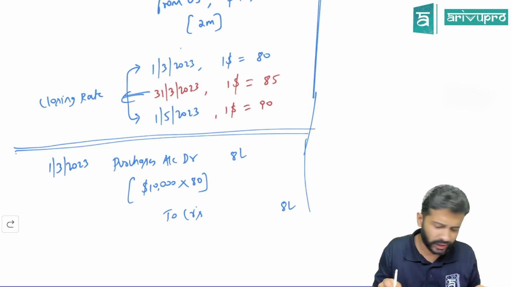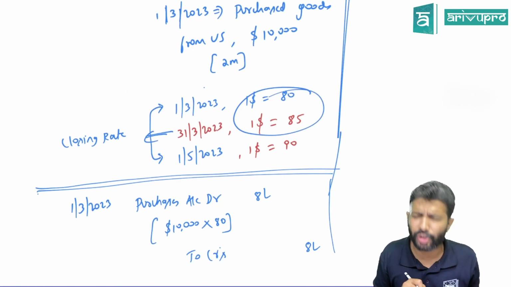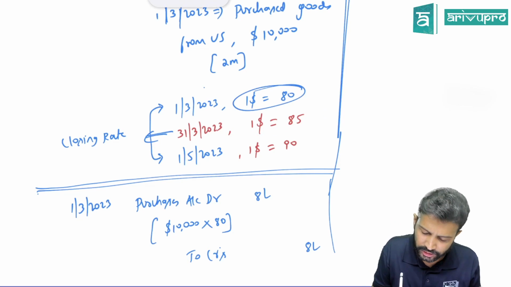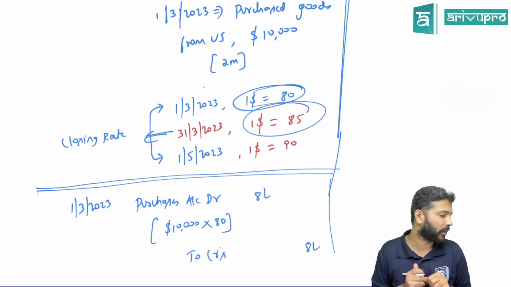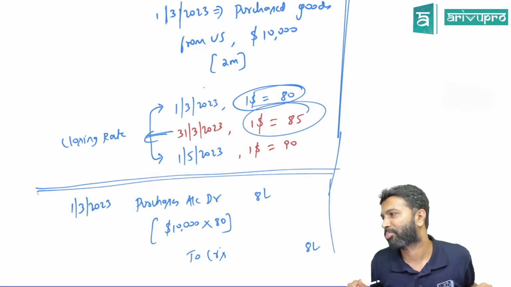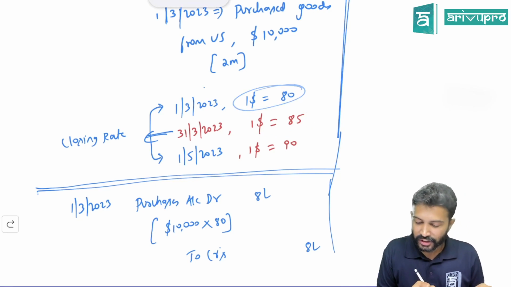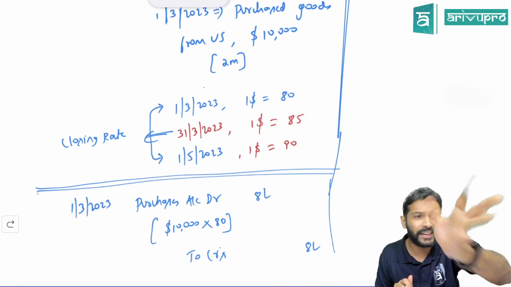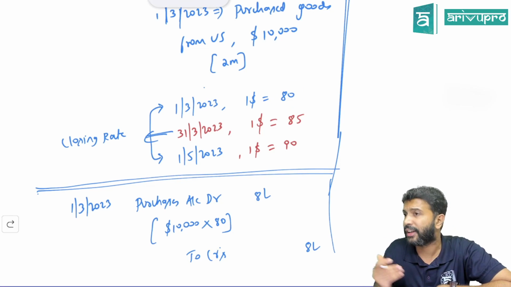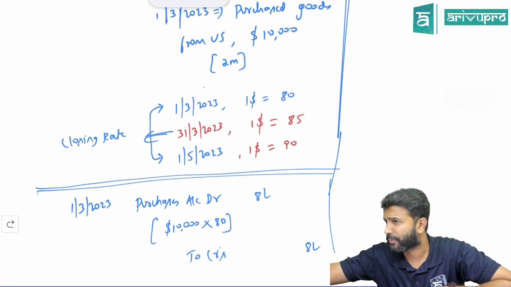Or in another way, is this a happy scenario or sad scenario? When I purchased, $1 was 80 rupees. On 31st March, $1 has become 85. Happy or sad? Sad. Why sad? When I did the transaction, I thought on $1 I need to pay only 80 rupees.